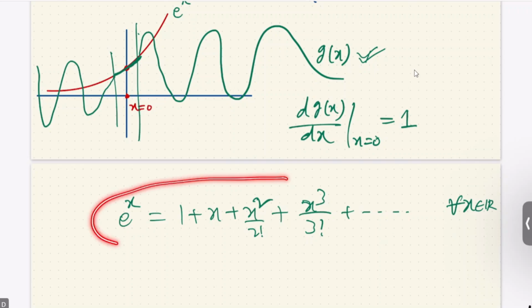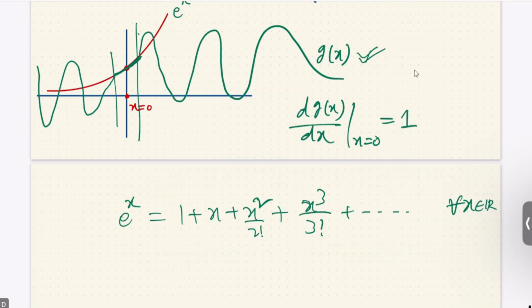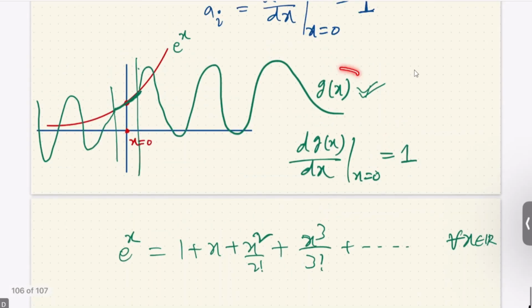When you studied it the first time, maybe in your plus two or somewhere, it was true for all x belonging to R. There was no mention that it is local. When I counter this with something like g(x), which is only matching locally at x equal to 0, then something is there. What is missing?